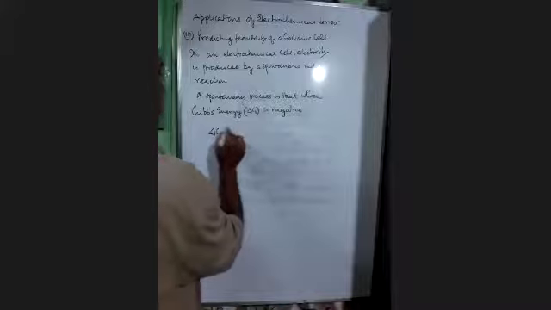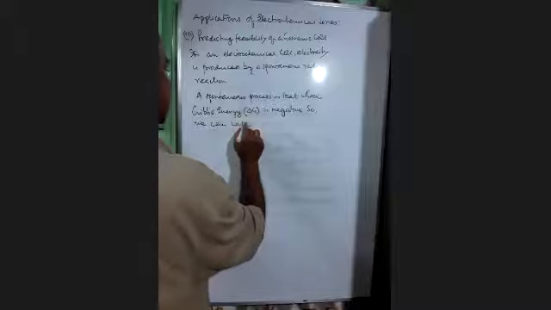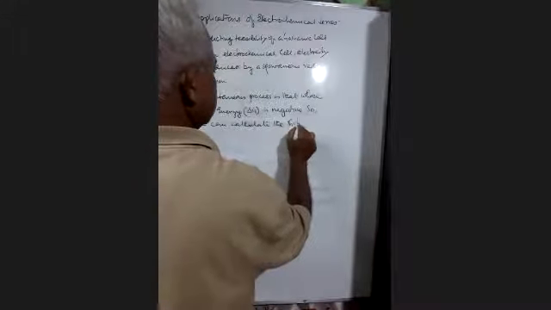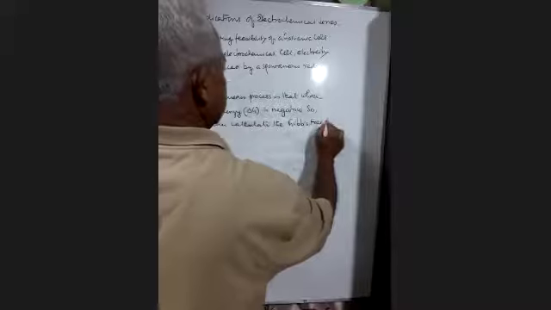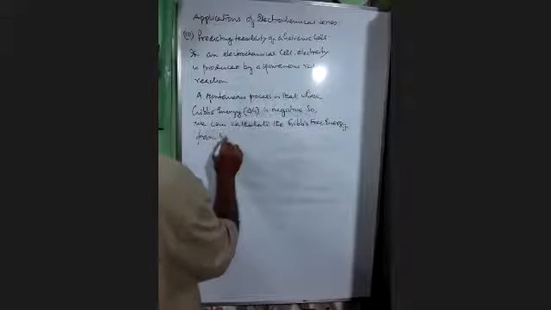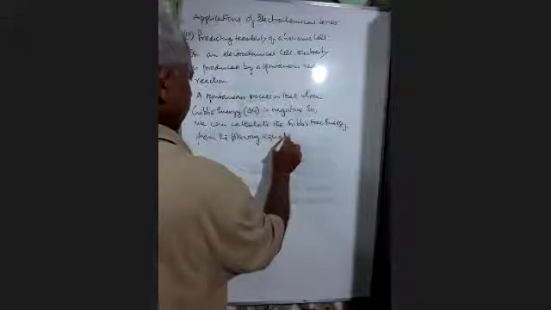So delta G, we can calculate the Gibbs free energy from the following equation. What is the equation?